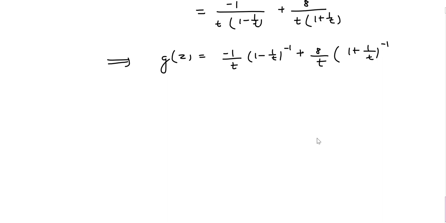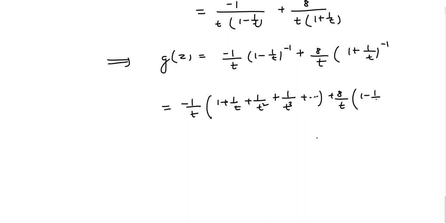So by using the standard series expansion, we can write negative 1 by t, 1 plus 1 by t plus 1 by t square plus 1 by t to the power 3 plus dot dot dot. Here plus 8 by t, 1 negative 1 by t plus 1 by t square negative 1 upon t to the power 3 plus dot dot dot.